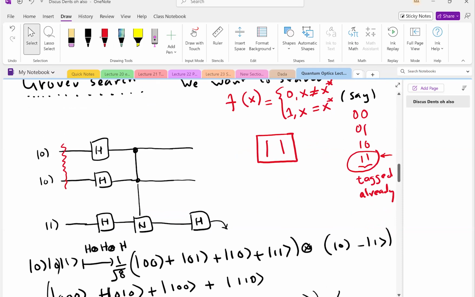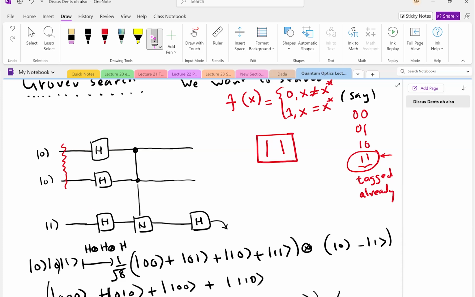In order to do that, I use a similar scheme to what I've used in the Deutsch algorithm. I have a 2-bit string, so I have 2 qubits, and on top of that, I add an ancillary qubit, and then I apply a Hadamard gate to each of the 3 qubits. The ancillary qubit is initialized in the state ket 1.